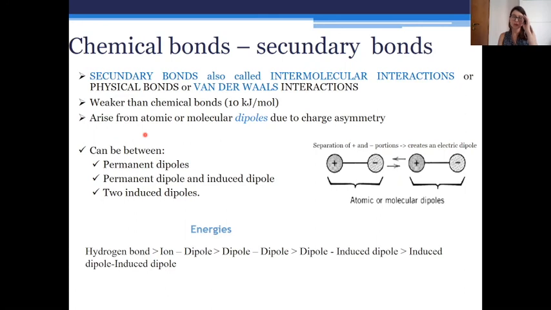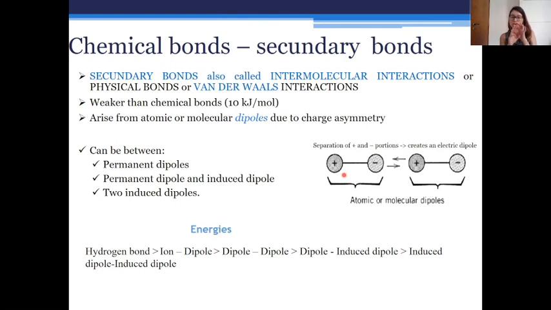In an atom or molecule, we have a part that is more positively charged and another part more negatively charged. So we have this charge asymmetry, and they will interact with each other.